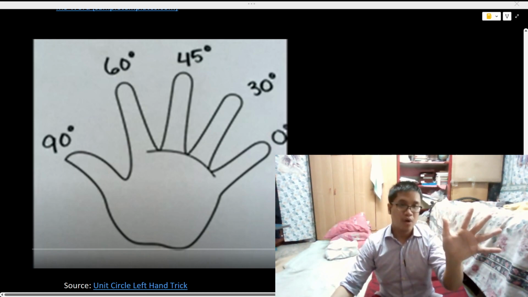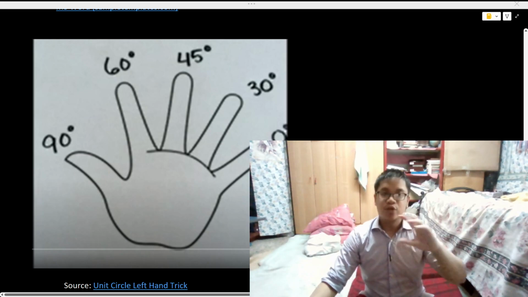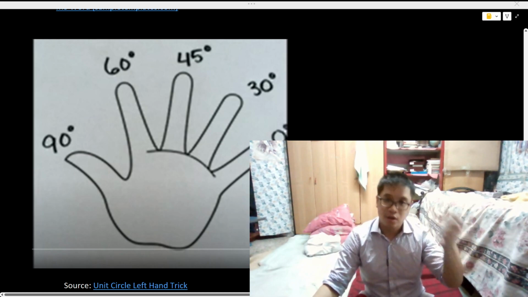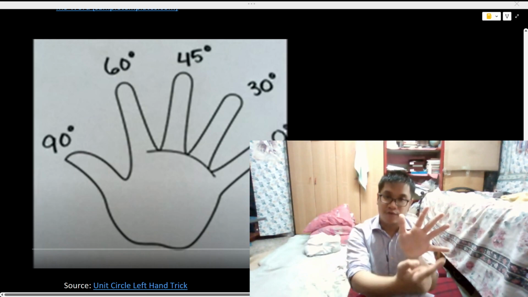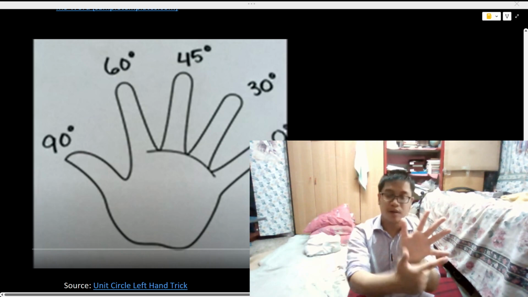Now, what is something new to this one? Or what are we going to do with this one? Let's just say you're looking for sine of 0 degree, sine of 30 degrees, sine of 45 degrees. Here's what you're going to do. You're going to count from 0 up to 4.